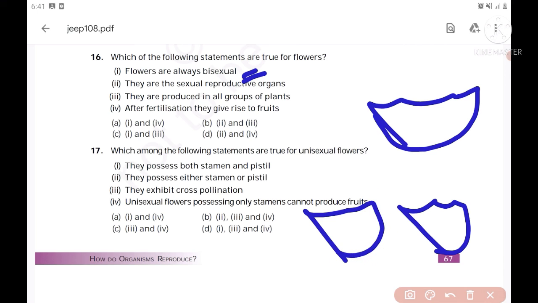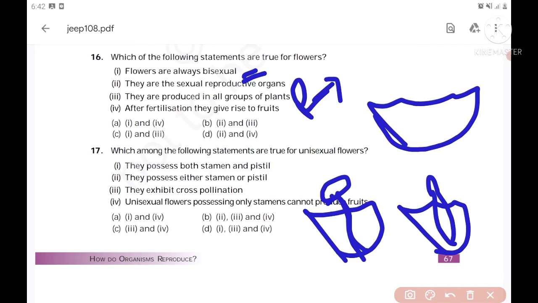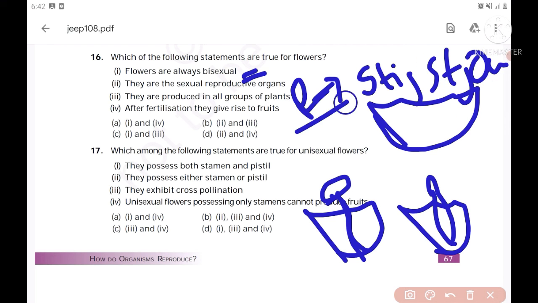These are the flowers. A unisexual flower in the sense it either contains pistil or stamen. What is pistil? Pistil is the female part. What are the parts present in pistil again? Stigma, style, and ovary. All together is called pistil.